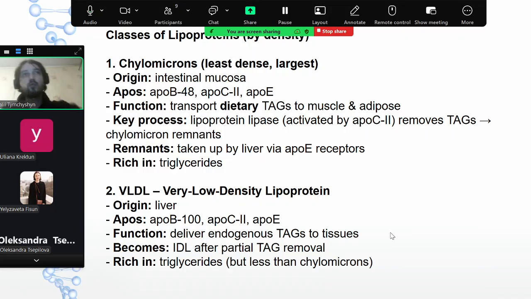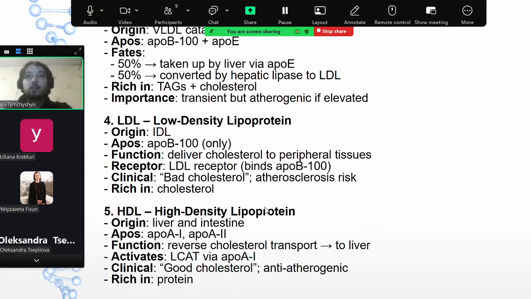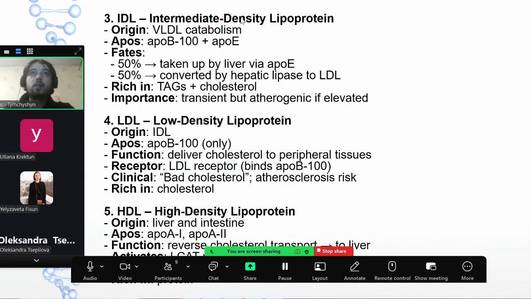So when we get tomorrow to the biochemical process of synthesizing lipids, of course, if we have synthesized those lipids, we need to transport them somehow to different tissues. So the liver is not synthesizing them for itself. It should give them away to different tissues, and they are transported in these very low density lipoproteins.